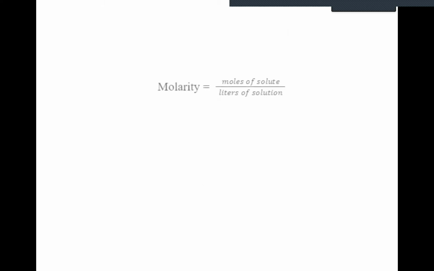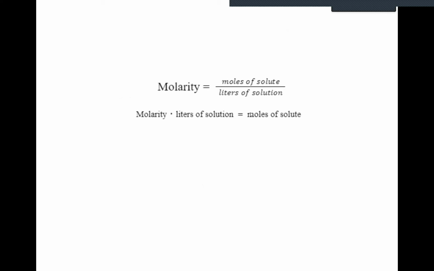So, starting with part A. Part A was if the reactant solution that contained calcium nitrate had a volume of 1.1 liters and a concentration of 0.73 molar, calculate the number of moles. The molarity formula is helpful. If you take this molarity formula and multiply both sides by the number of liters of solution, we arrive at this formula.